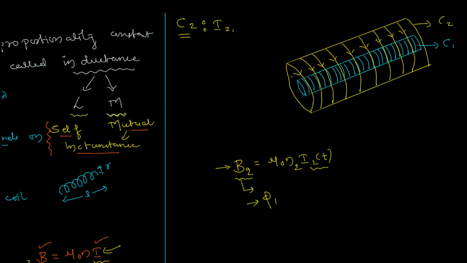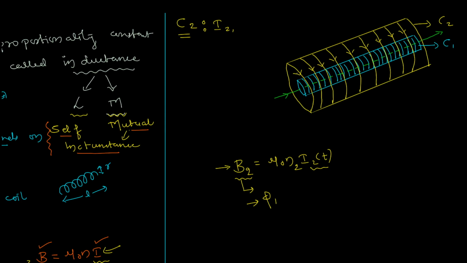The magnetic field lines of the outer coil, I'll try to draw that with the green color. The green line you see right now is the magnetic field due to the yellow coil, the outer coil, and thanks to the magnetic field being along the axis of the coil C2, the coil C1 lies on its axis.